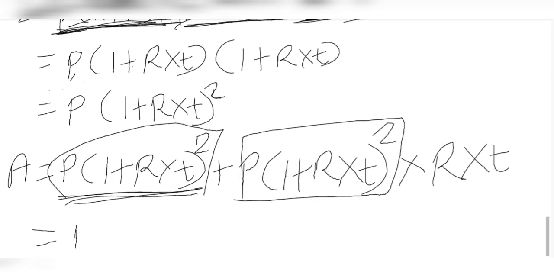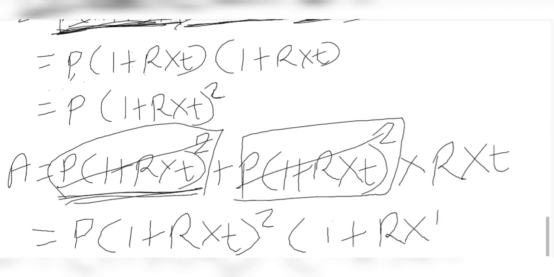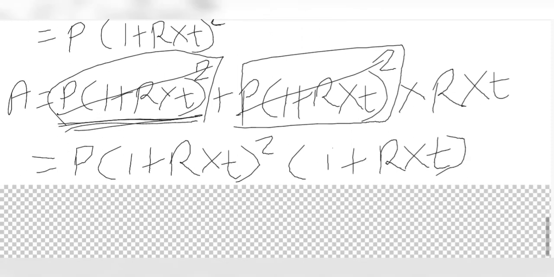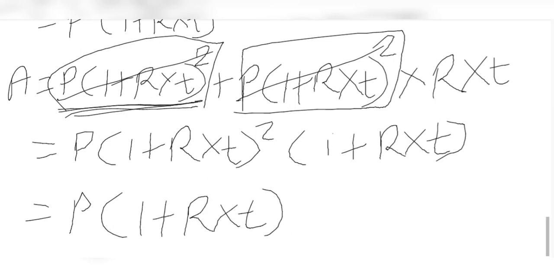So P into 1 plus R into T squared into 1 plus R into T is equal to P into 1 plus R into T cubed.